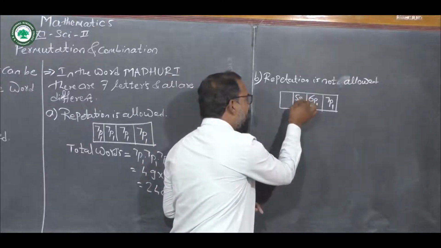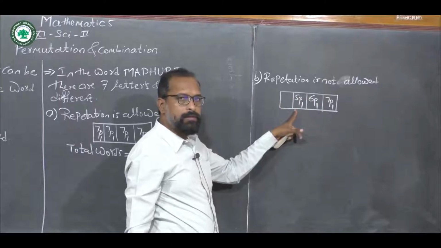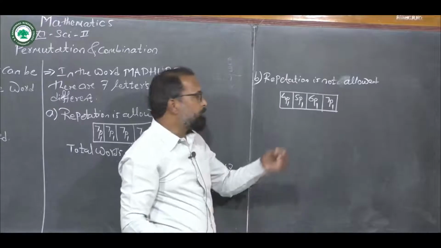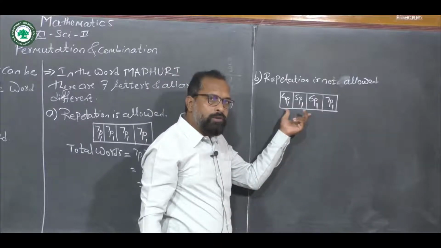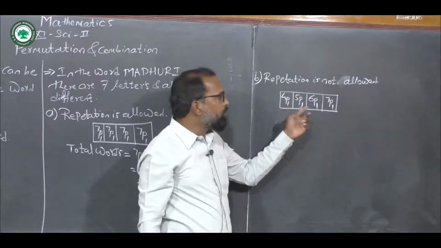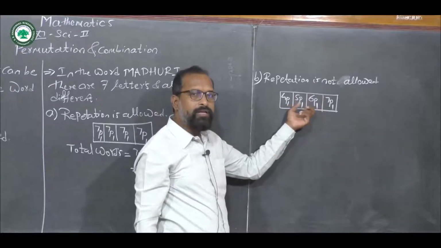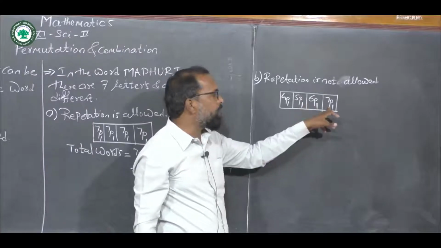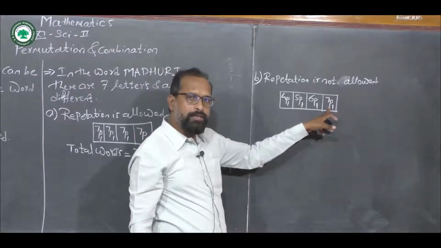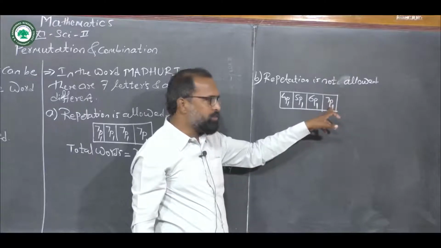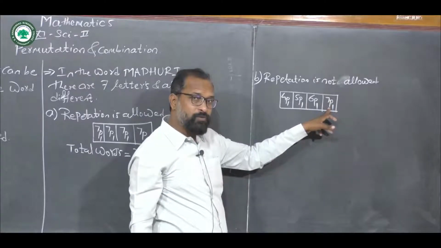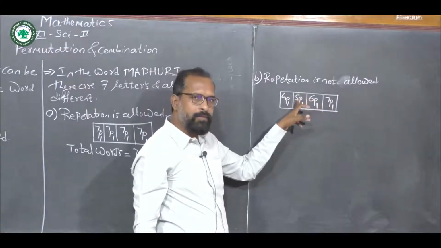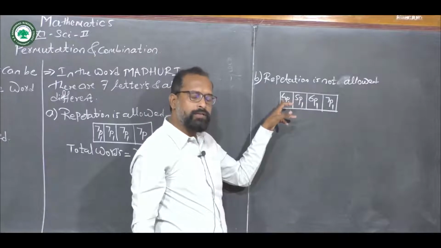So here it is 5P1 ways. And lastly it is 4P1 ways. Since repetition is not allowed, for the next place 1 letter is less. At the starting all 7 letters are available, 1 letter is used here, so for the next position only 6 letters are available. On the next position 5 letters are available, on the next 4 letters are available, and so on.